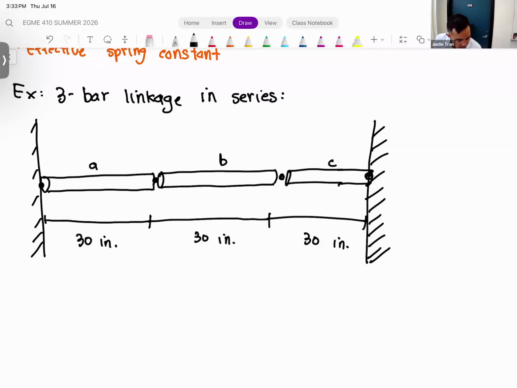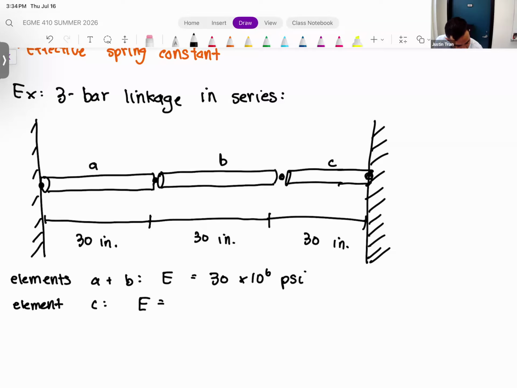All right, so elements A and B are going to be made of a material that has a Young's modulus of 30 times 10 to the 6 psi, while element C is going to have a smaller Young's modulus. Element C is going to have a Young's modulus of 15 times 10 to the 6 psi.